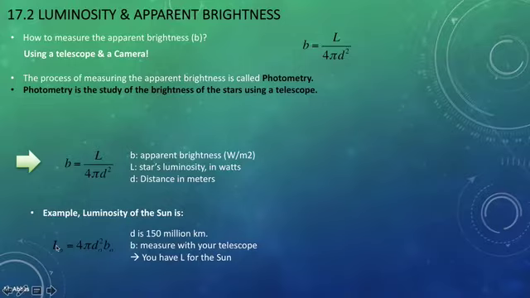Okay. If you were to find the luminosity of the sun, it is equal to 4 pi d squared times b. This number, لما أحط أنا d, square it, and then b, which is the brightness, and I multiply these numbers, the number you will get is very large, it's very big. It is a big number times 10 to the power, I don't know how much, a very big number.